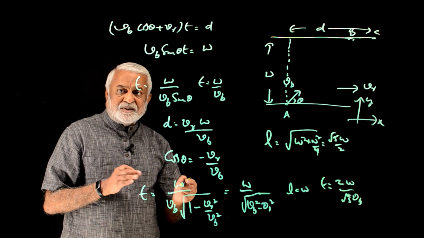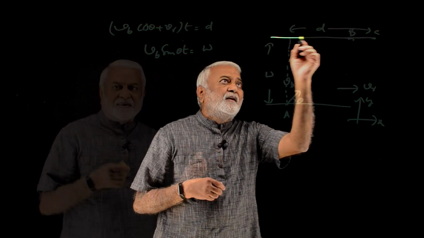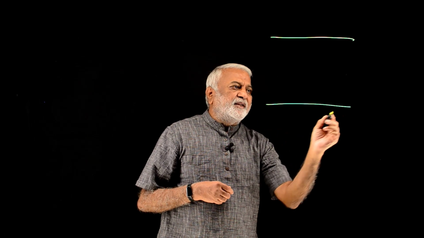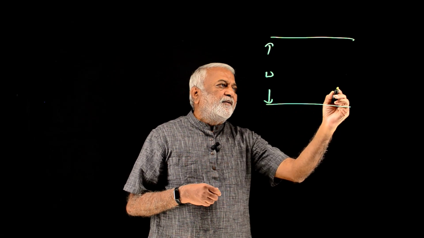That is, shortest time doesn't go with shortest path. Sometimes the information given is indirect. This is a river of width W flowing at VR.